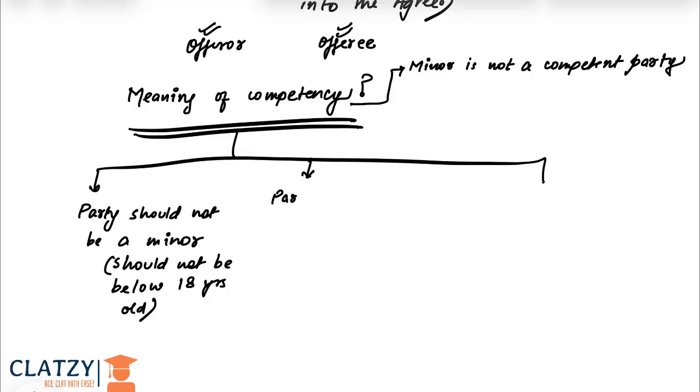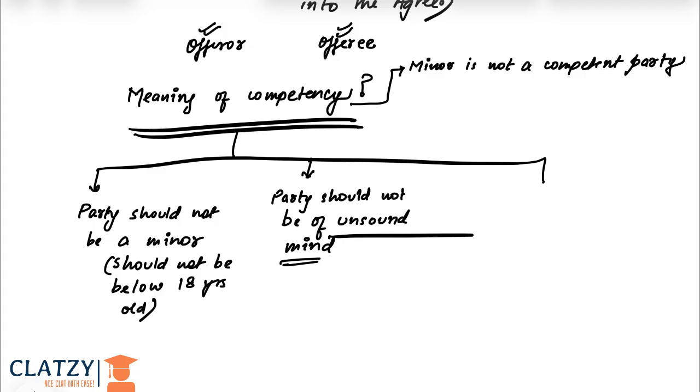Second, party should not be of unsound mind. What is the meaning of unsound mind? We will discuss unsound mind in detail, but for now, just understand this. Let's say somebody has consumed alcohol the entire night. Okay. Now, if this person has been consuming alcohol the entire night, how will his mental condition be?